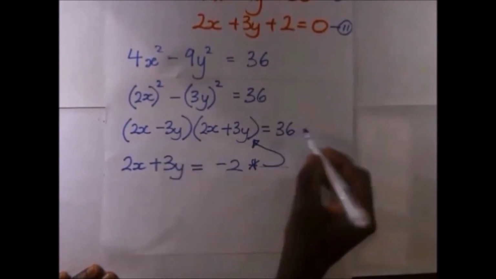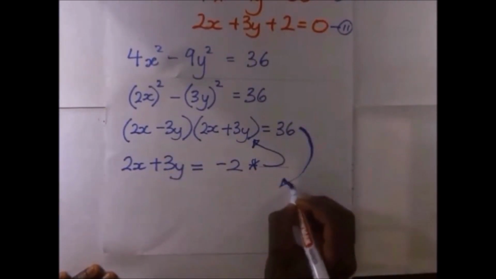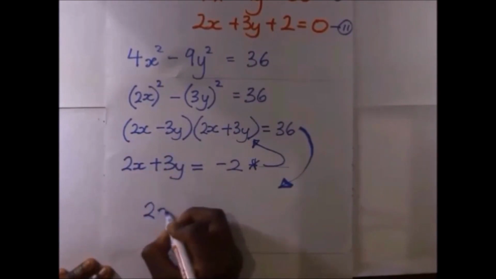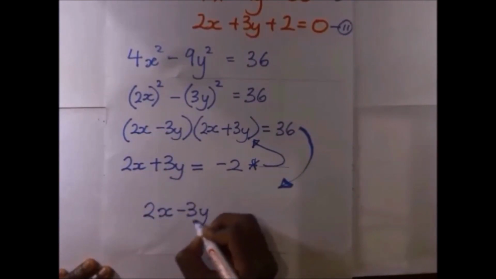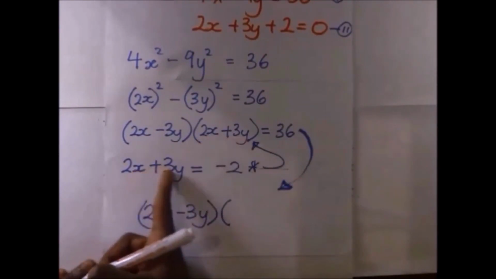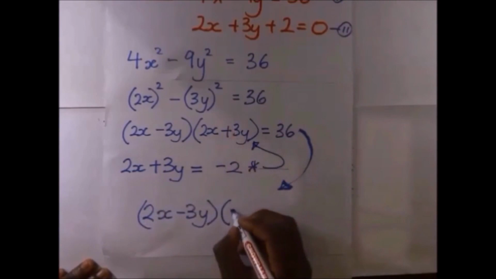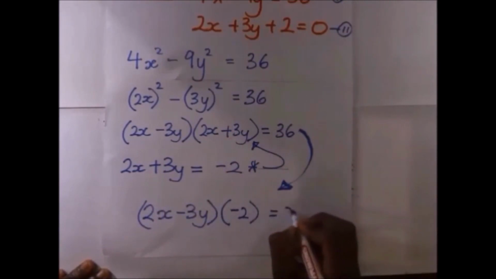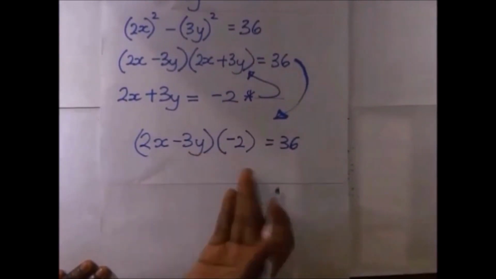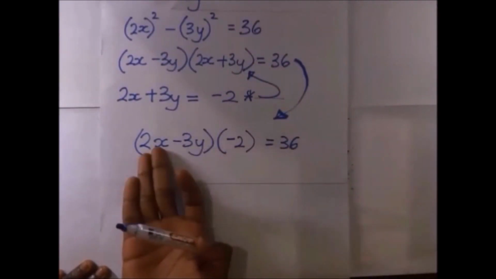So from this equation, we shall continue here and say that (2x minus 3y) multiplied by (2x plus 3y), which is negative 2, is going to give us 36. So when it gives us 36, we simplify this. Now we've made this become linear.